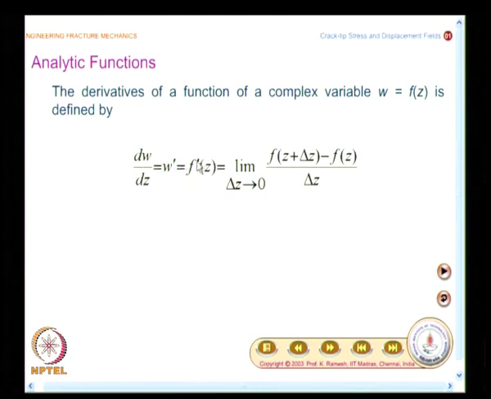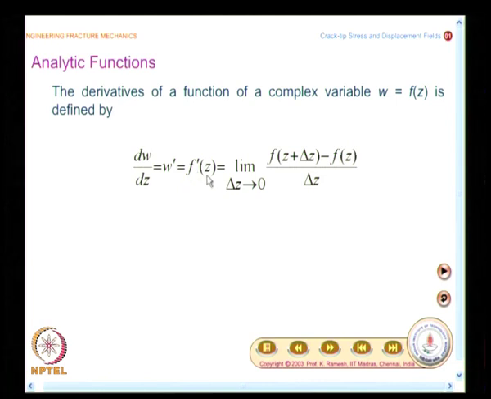You know, a function is analytic when it is having a derivative. The derivative of a function of a complex variable w equal to f of z is defined by dw by dz. You have a similar notational interpretation.